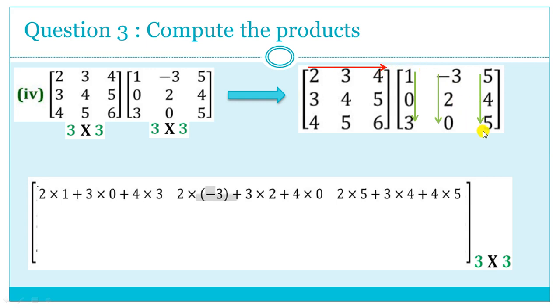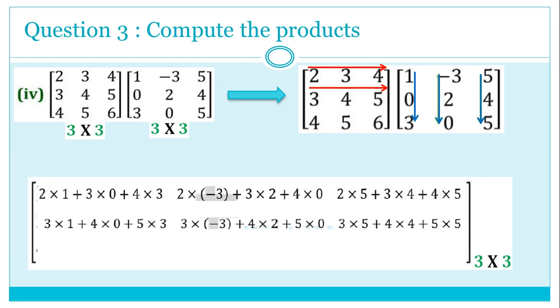We will use the same procedure for the second row, first column. Then we will multiply the second row with the second column, and then with the third column, and we will get our second row of the resulting matrix.